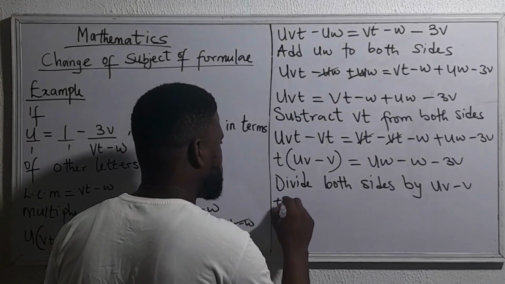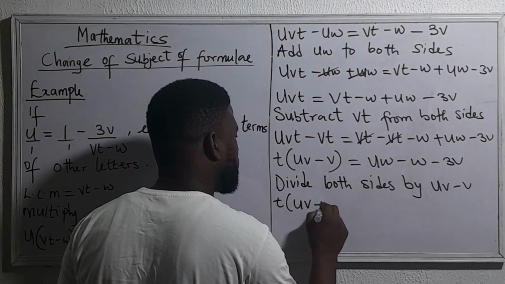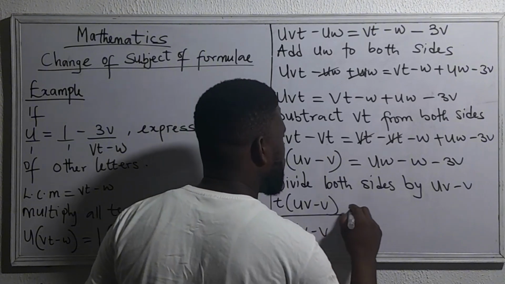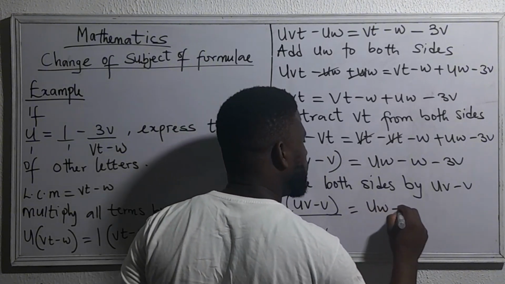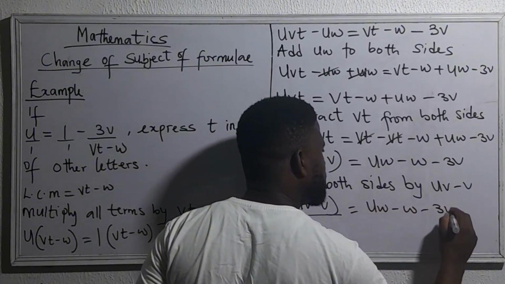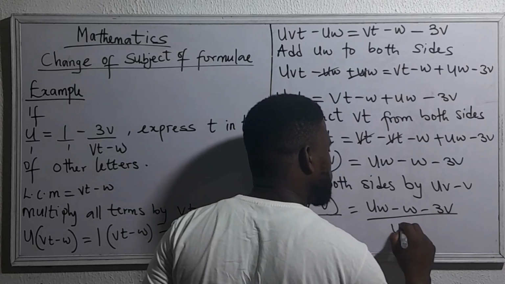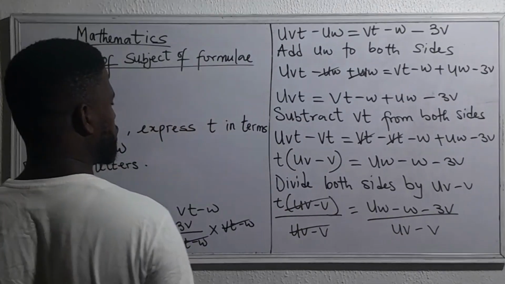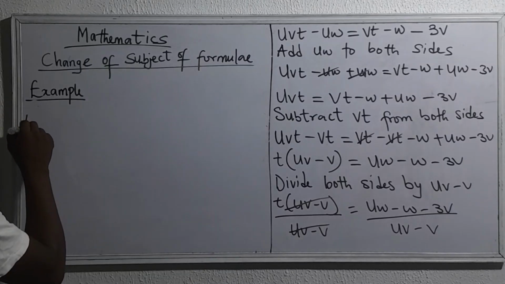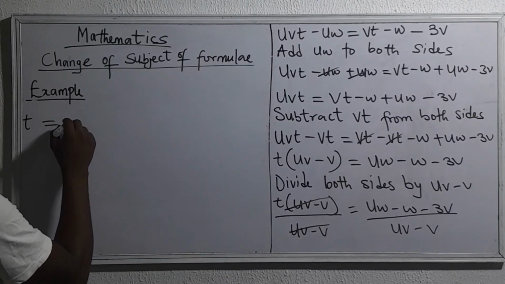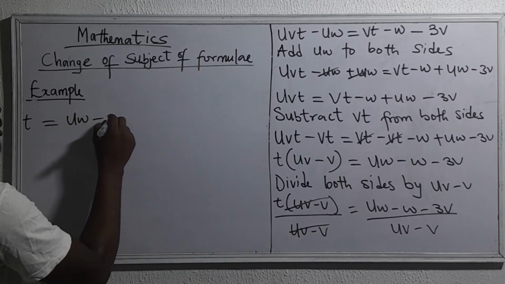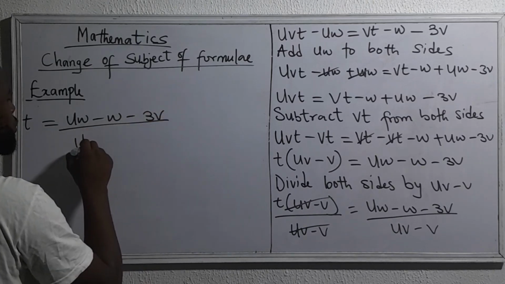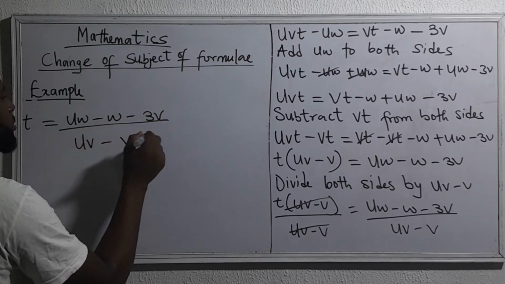So we have t(uv minus v) dividing uv minus v equal uw minus w minus 3v dividing uv minus v. So uv minus v will cancel out uv minus v. We have our t on the left hand side equal uw minus w minus 3v over uv minus v.